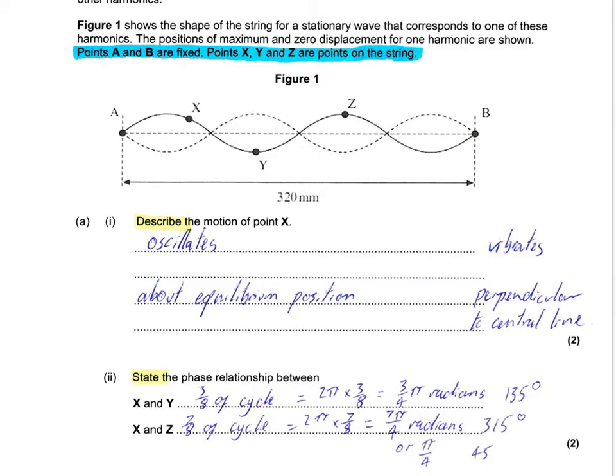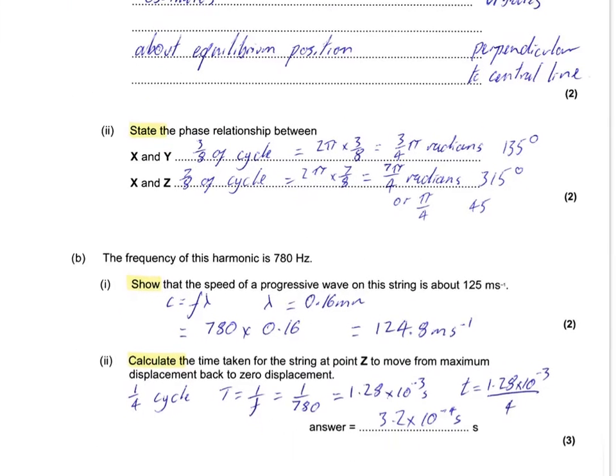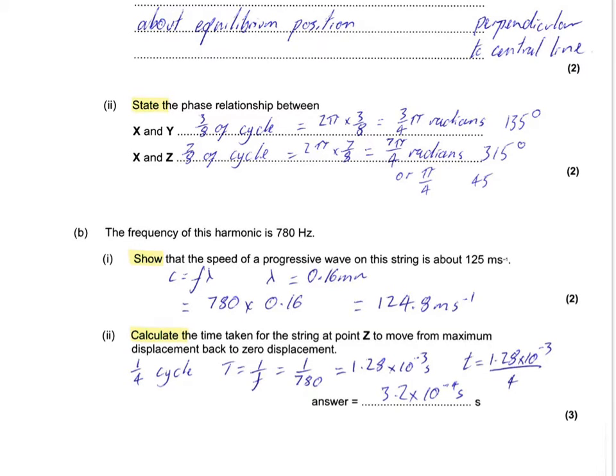So my 320 mils is two wavelengths, so one wavelength is 160 mils, and that means that one wavelength is simply 0.16 meters. I have no idea what mn means. Let me just get rid of that. There we go, and let's see if I can rub that away. Nearly gone. Excellent. Okay, so 0.16 meters.